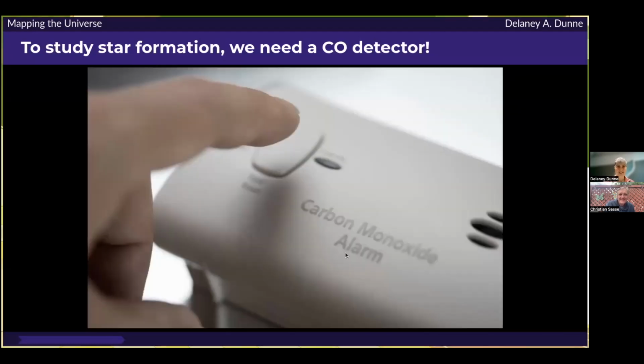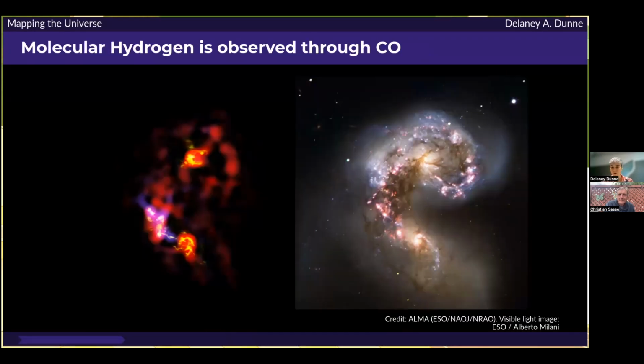All right. So I mentioned that COMAP is just a giant carbon monoxide detector. In practice, what that looks like when you're looking at a nearby galaxy is something like this. So we have the antenna galaxies merging here in visible light. This is sort of the big press image that everyone always looks at. It looks beautiful.